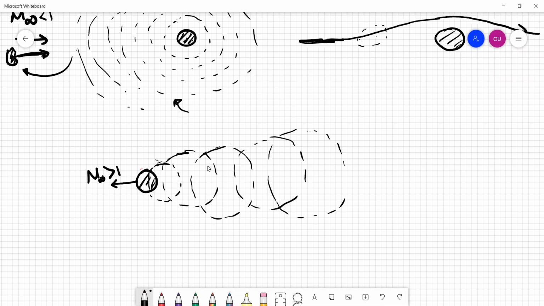The boundaries of these waves will coalesce together to form a boundary like that. This is known as a Mach cone. It's basically the envelope of disturbances. All the disturbances that are created, the waves, are within this Mach cone. Outside the Mach cone, there are no disturbance waves whatsoever.